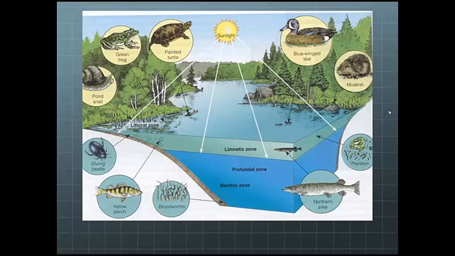So if we look here, this is a relatively small lake in which we're seeing the littoral zone and the limnetic zone. We'll talk later about the profundal and benthic zones.